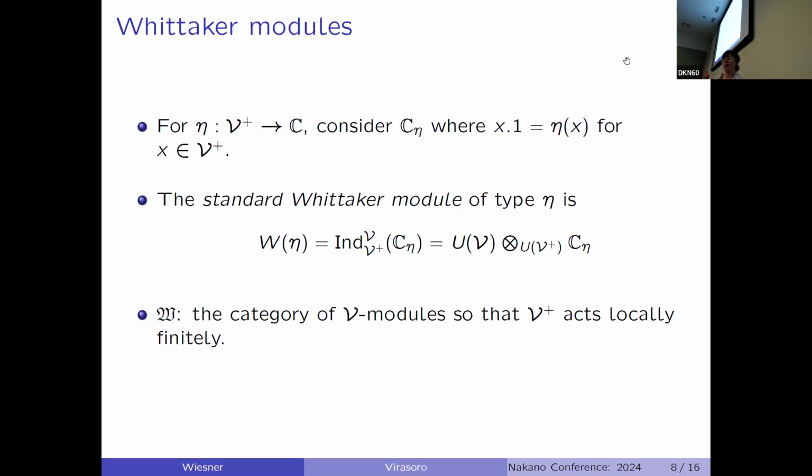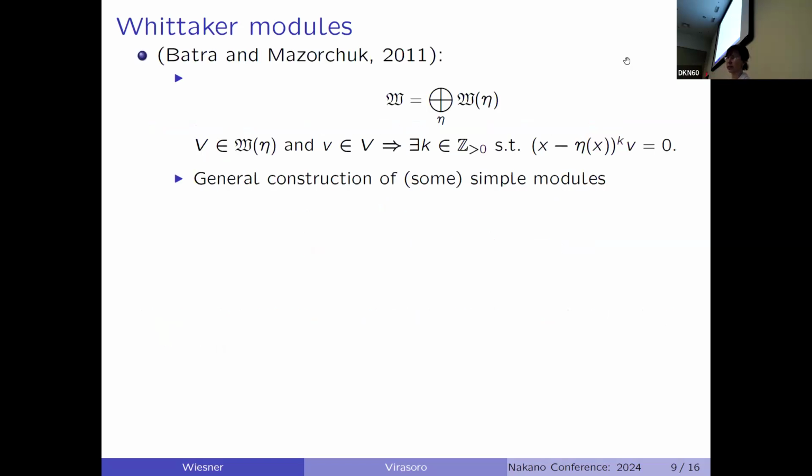And then Mazurchuk and Batra gave this category definition here as a way of trying to gather together all of these different attempts to describe Whittaker modules in different settings. So they had a very general setting in which to look at Whittaker modules and Whittaker categories.